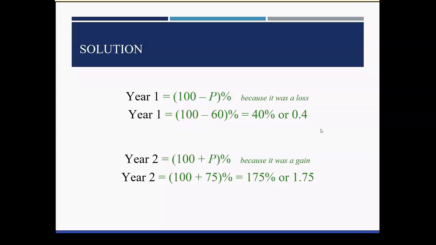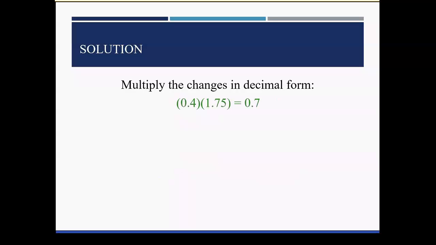Now I have these 2 changes that happened in decimal form. That's step 1. Step 2 is to multiply those 2 decimals together. So I took the 0.4 times the 1.75, that gave me 0.7. This is what it is from a comparison standpoint.